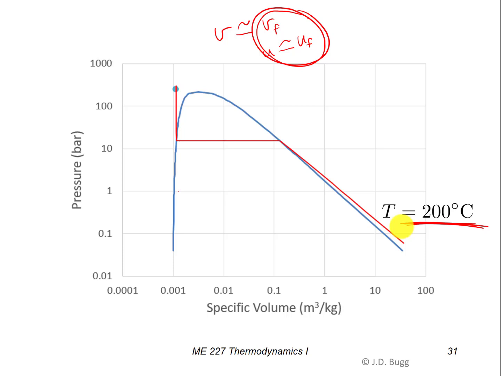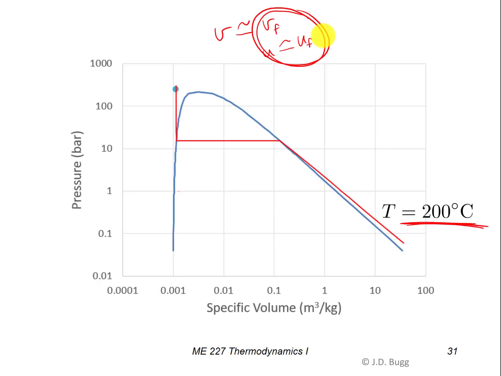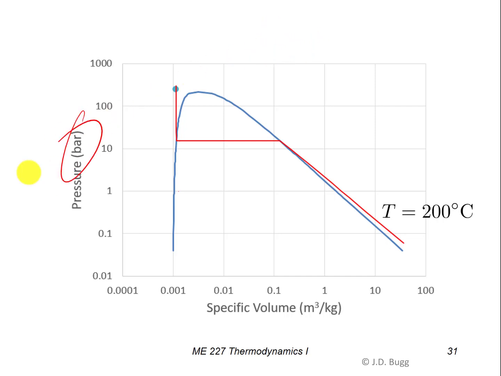Now let's take a look at an example and just see how these numbers work out. Let's say that we have water and we're given a pressure and a temperature. So the pressure is 25 megapascals and the temperature is 200 degrees C. Well, that happens to be the temperature that I had on this PV diagram, so we'll go back to it. Well, this is actually in bar, so we need to realize that 25 megapascals is 250 bar.